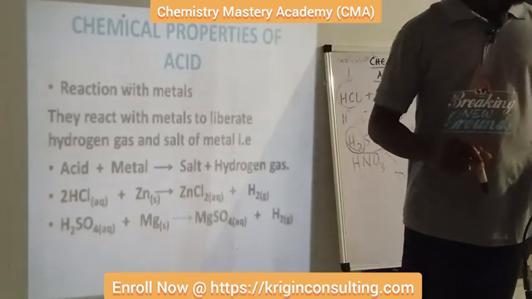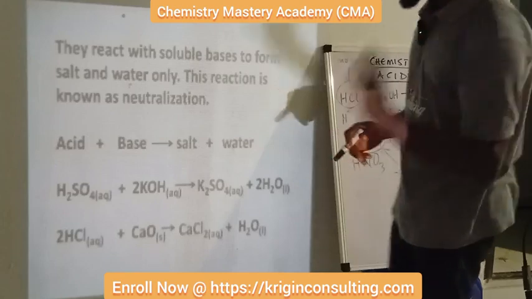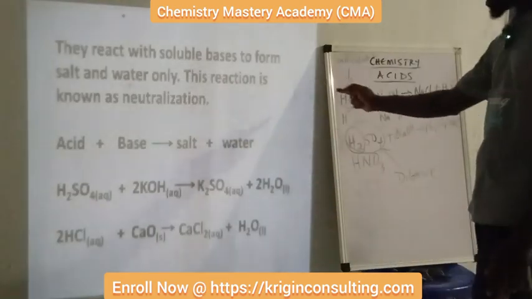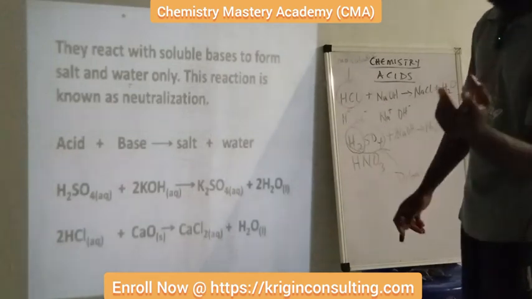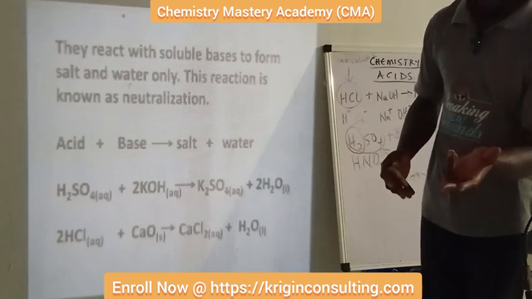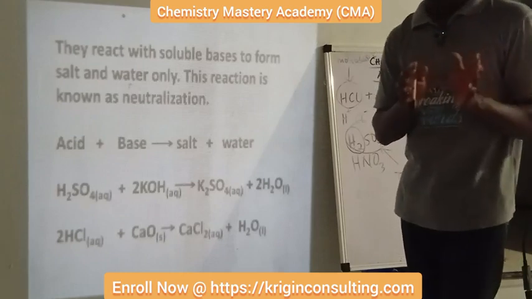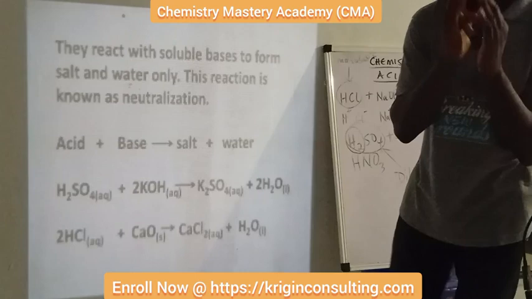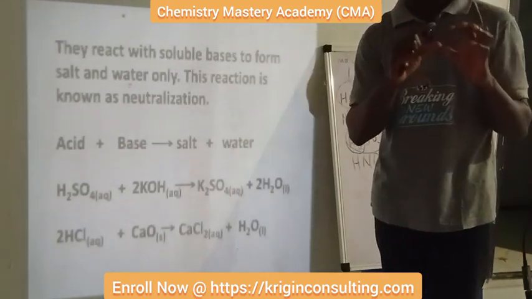Now, acid reacts with soluble bases. We have given that instance several times. Look at it on the board. So acids react with soluble bases. Another name for soluble bases is alkalis. So acids react with soluble bases to produce salt and water only, and that reaction is called a neutralization reaction.